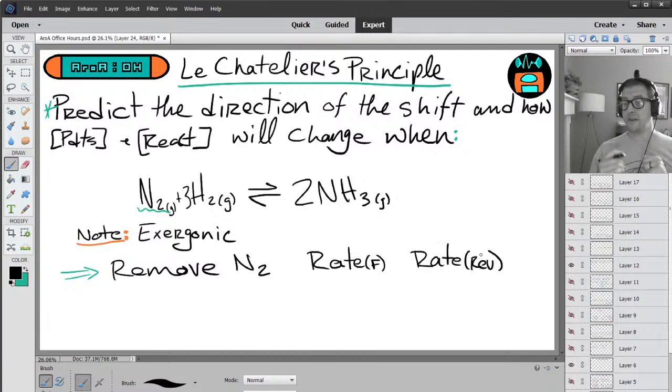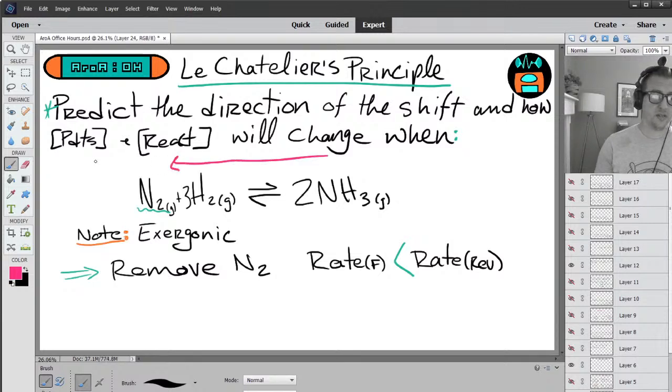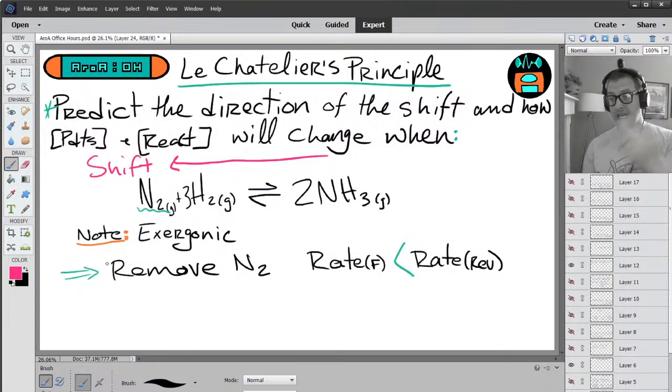Yeah, well done, good job predicting it. If we remove N2, it is going to slow down the rate of the forward reaction. So the rate of the reverse reaction will be temporarily faster, resulting in a shift to the left. This is going to result in an increase in our reactants and a decrease in our products.